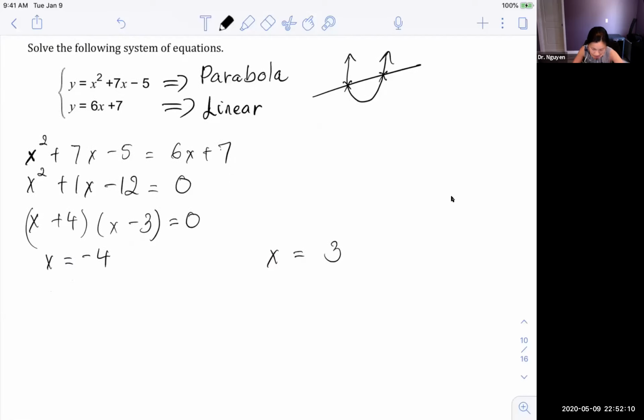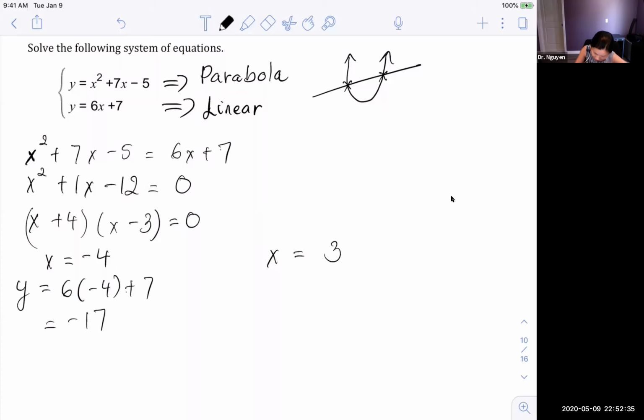And then all I have to do is plug it in for y. You can see that if we plug in for the linear, it's going to be easier. So y is 6 times negative 4 plus 7, so y is going to be negative 17.